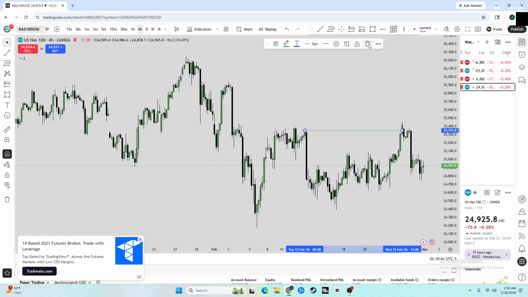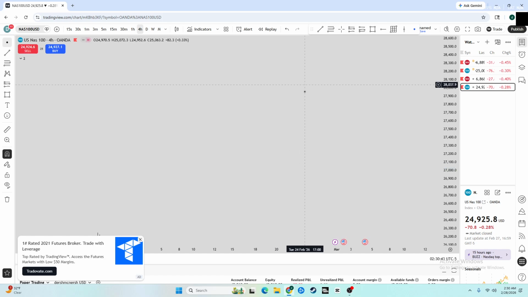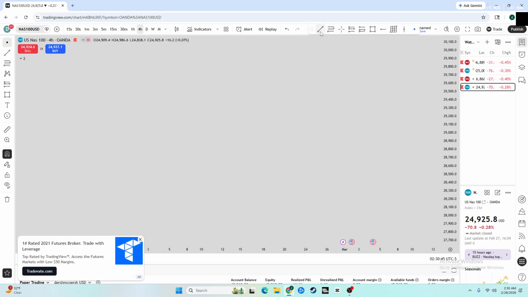So what is liquidity, right? Liquidity is a high or a low being put in the market. So meaning you'll have a candle just like that, and the lines coming out of them are wicks.